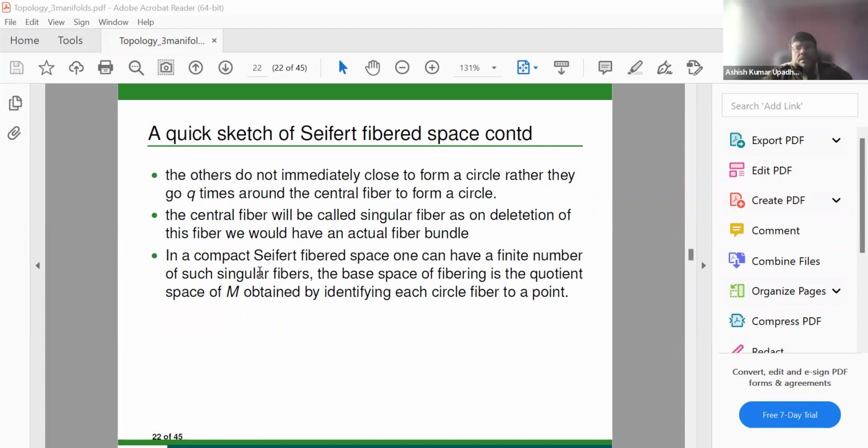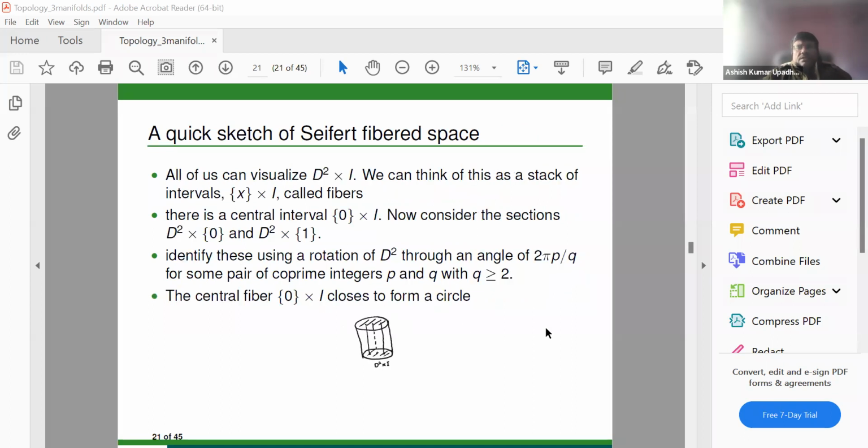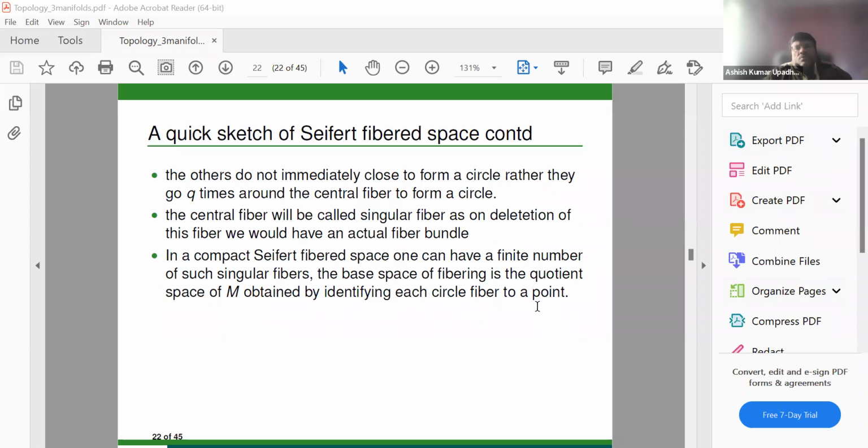Now in a compact Seifert fiber space, we can have a finite number of such singular fibers. The base space of the fibering is the quotient space of M, obtained by identifying each circle fiber to a point. So to visualize a Seifert fiber space, you consider it as consisting of this kind of fibering, and there are many singular fibers.